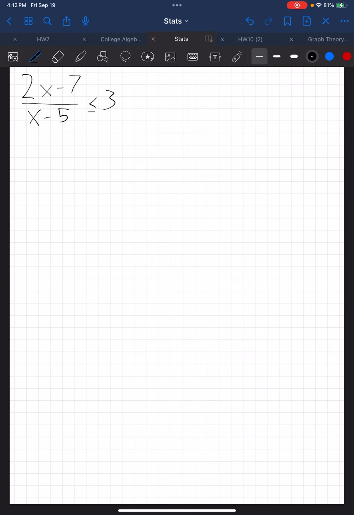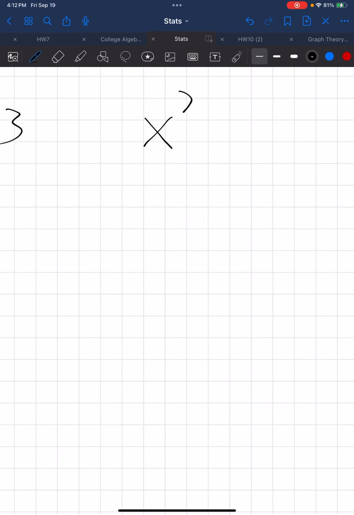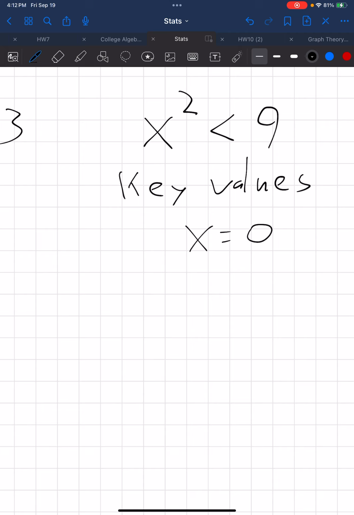If we look at the problem that we did, x squared less than 9, if I just left it like this and asked for the key values, we would only see x squared and say, oh, my key value is 0, because that's when x squared is equal to 0.